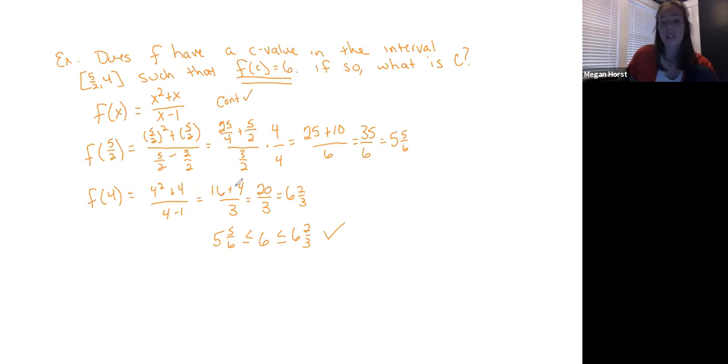So before we go and find that, we're going to say f is continuous on 5/2 to 4, my closed interval, and f of a, or f of 5/2, which is 5 5/6, is less than 6, which is less than f of 4. Therefore, IVT applies.